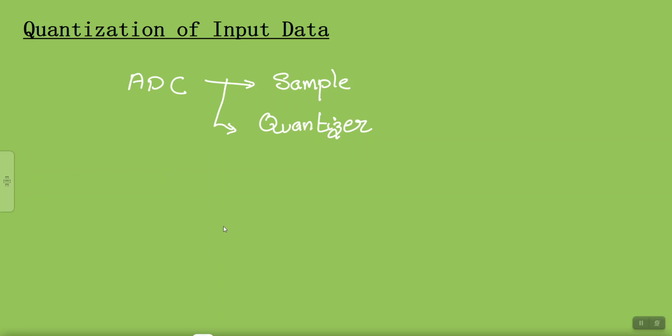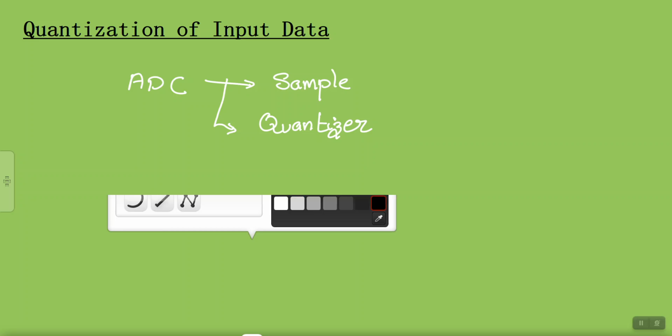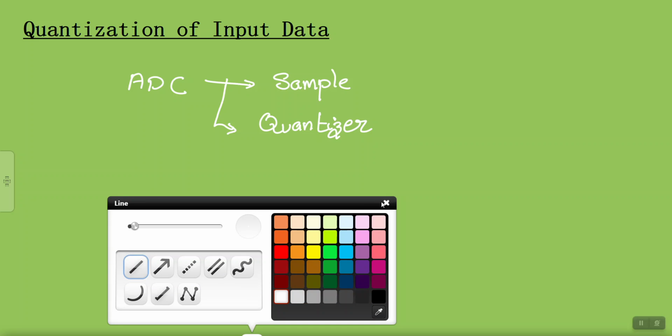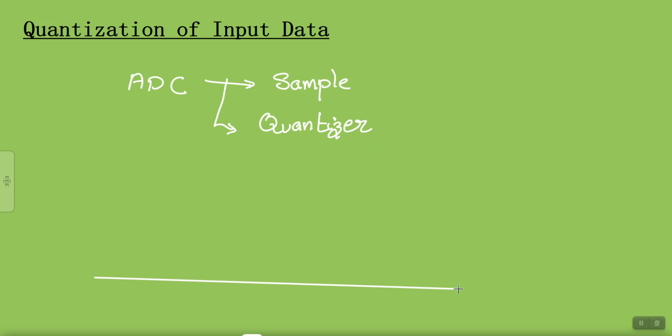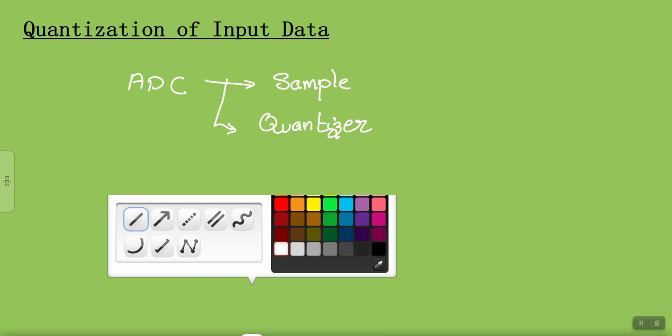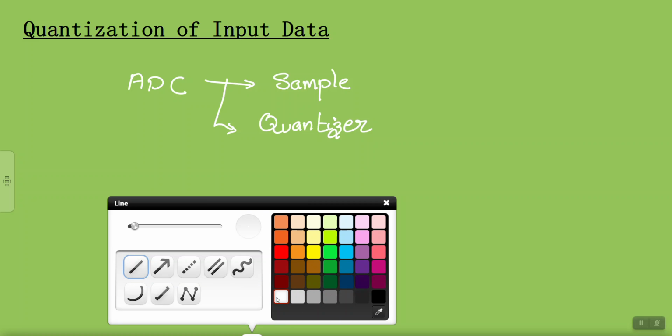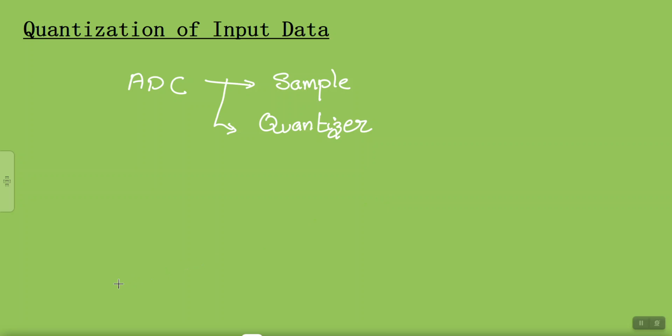So, consider I am having two quantized levels. This is one of the quantized levels, and the other is this one.